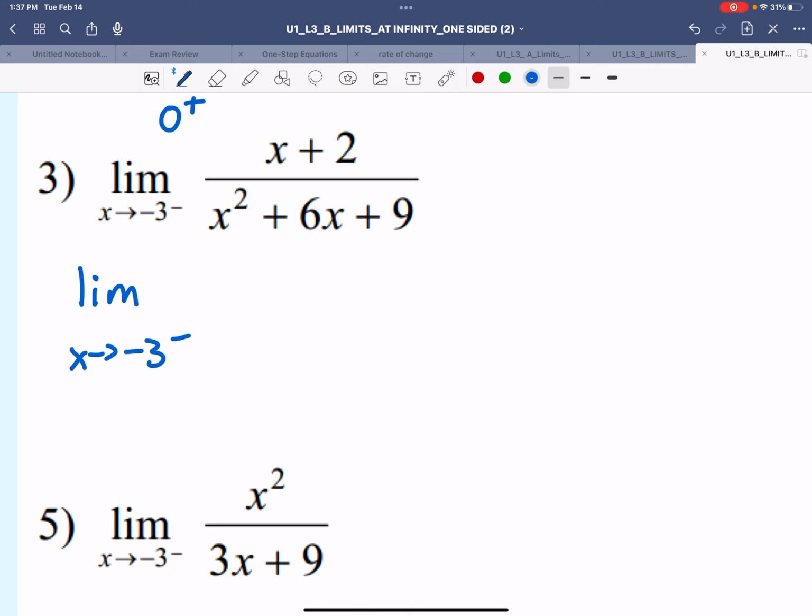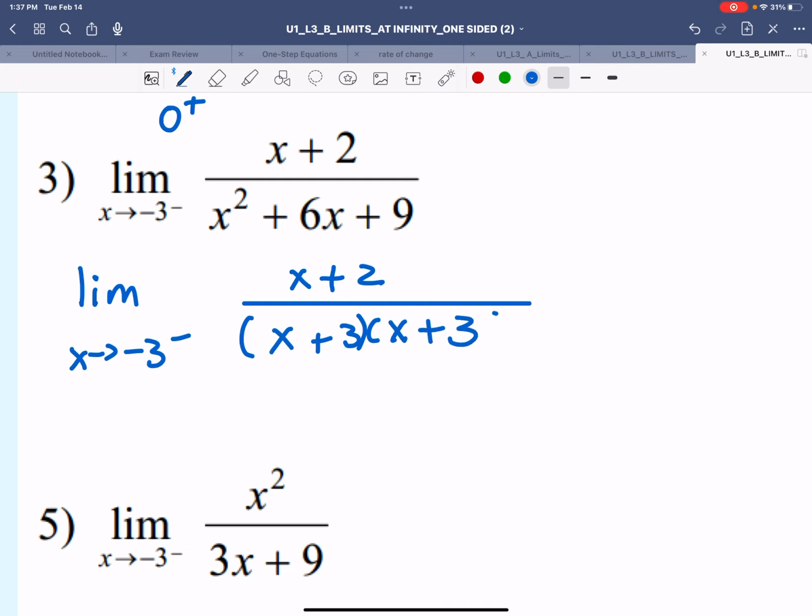And here we have negative 3 plus 2. I'll factor first, sorry. So x plus 2. And down in the denominator, we have x plus 3, x plus 3. So substitute now. We have negative 3 plus 2.